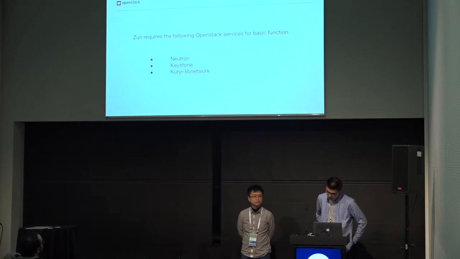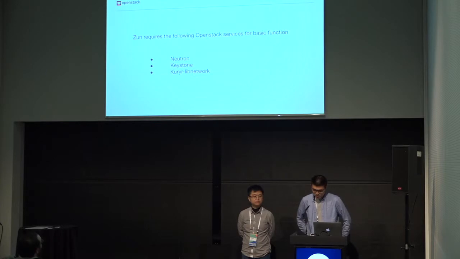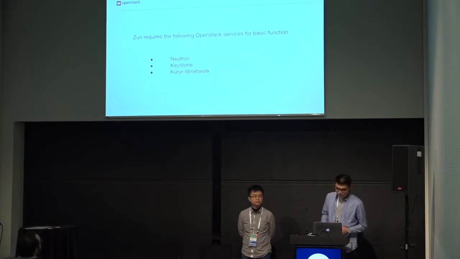And Keystone, we can use it like Nova. And Kuryr-libnetwork is a plugin that can connect the container network and Neutron.